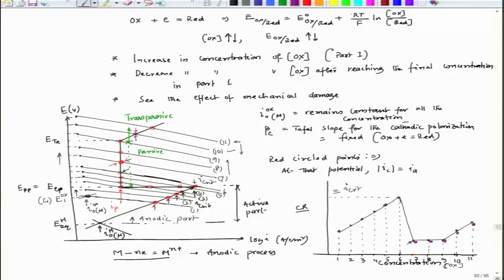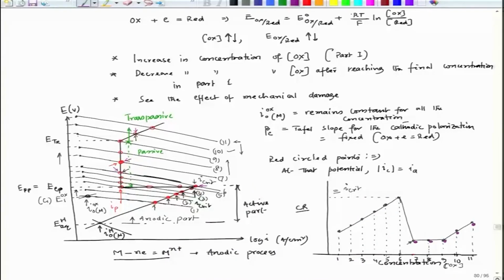Now, when I go to 6, what will be the situation? If I go to 6, that means at this location as well as this location, 2 points, the polarization plot for the cathodic polarization is crossing the anodic portions. But since the passive layer has already formed, if we do not disturb the passive layer, the passivity will be maintained.